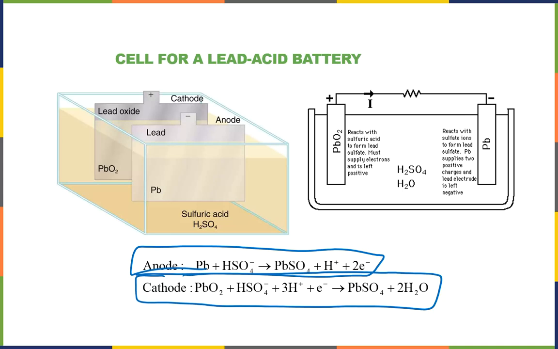So it's going to be trying to pull electrons in at the lead oxide terminal. At the lead terminal, the sulfuric acid reacts with the lead to produce, again, lead sulfate and free hydrogen ions and free electrons. And so the lead terminal is giving up electrons.